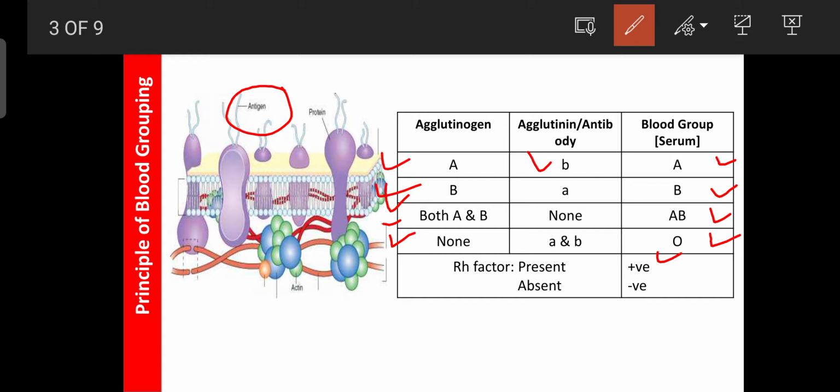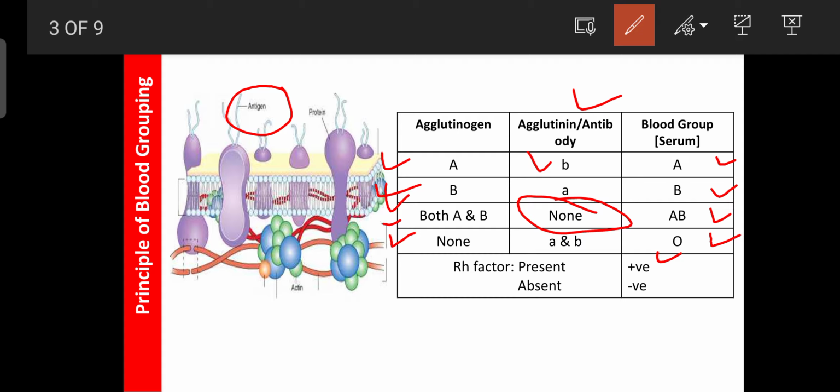But due to the lack of agglutinin or antibody, they can receive blood from A, B, AB and O. It means they can receive blood from all blood groups. That is why AB is known as the universal recipient or universal acceptor.